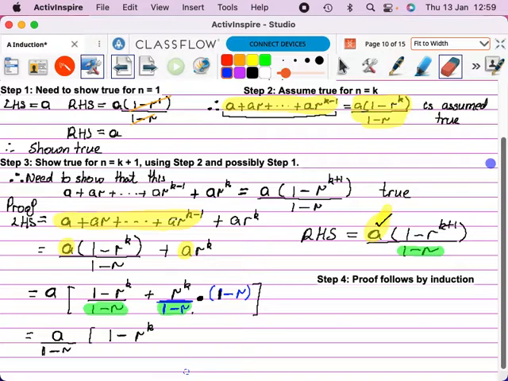So what I had here was I took out the 1 minus R and I was left on top with the 1 minus R to the power of K. Then I forgot to write the plus sign. I've taken out the 1 minus R, so what am I left with? R to the K on 1 minus R, close bracket. Okay, so that's now done.